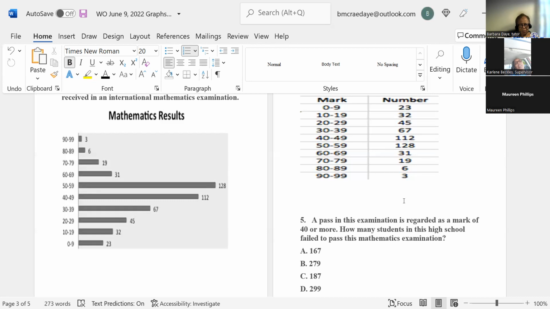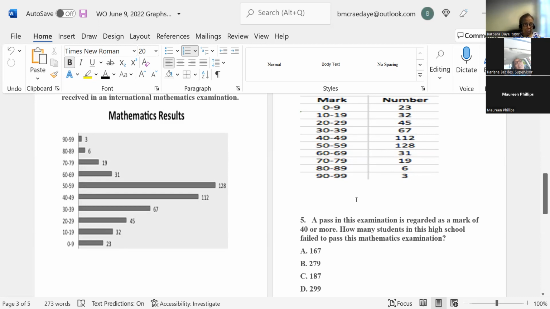Think about it, Maureen. 40 to 49, 50 to 59, 60 to 69, 70 to 79, 80 to 89, 90 to 99 are all passing marks. So these are all the passing, right? From 40 to 49 down to 90 to 99.